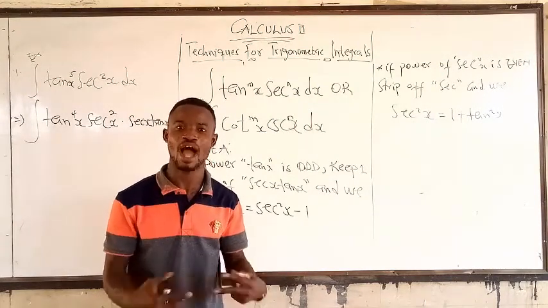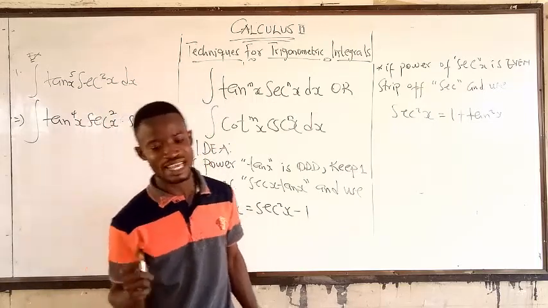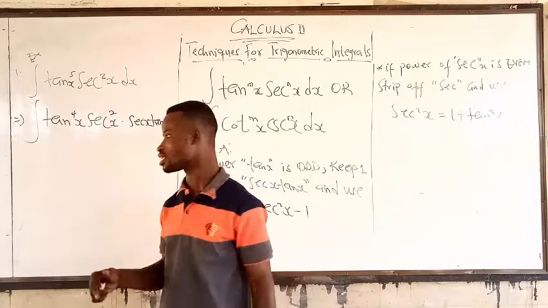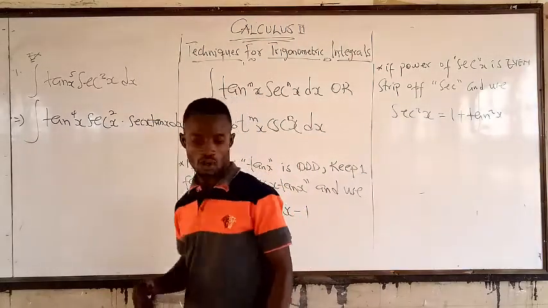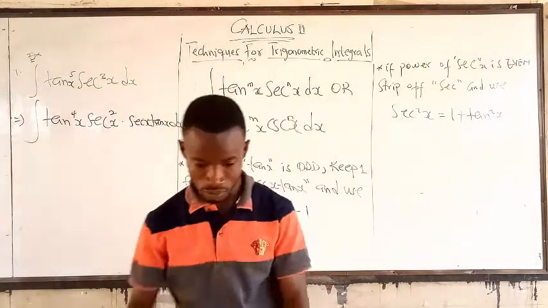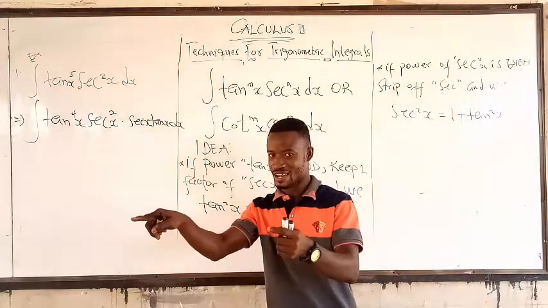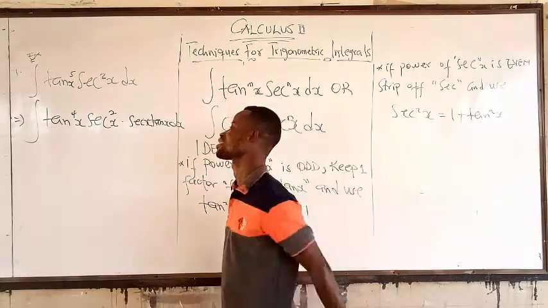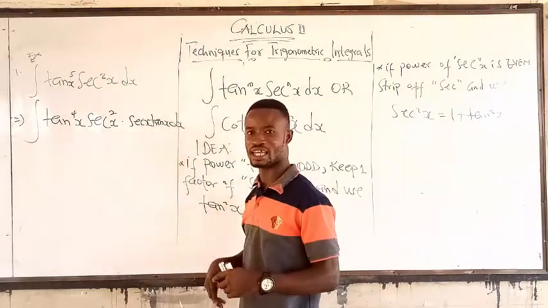The reason is that here we are going to set our u. And we know that when you set u and differentiate sec, what do you get? Sec tan. That is why we have to get this one here.